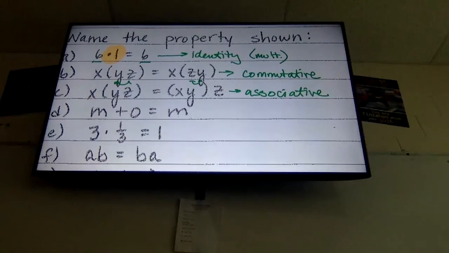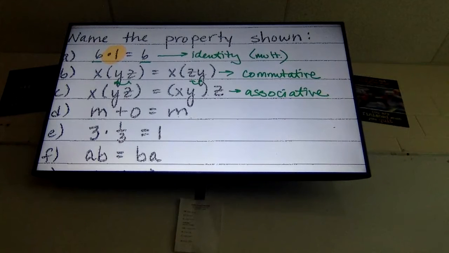All right, letter D, m plus 0 equals m. I don't call it zero property. She just said she doesn't call it that. What did we do earlier?